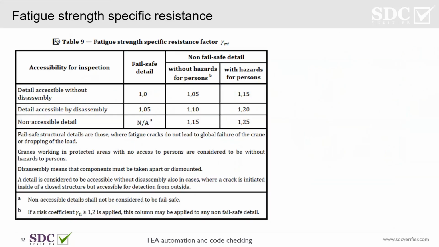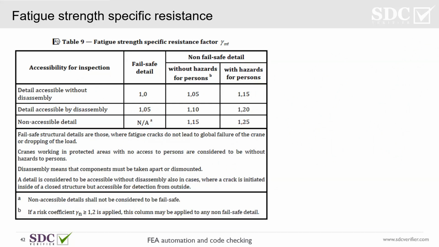Next thing I was mentioning at the very beginning is the fatigue strength specific resistance factor. It is used to account for uncertainty of fatigue strength values and possible consequences of fatigue damage. Yeah, so the factor may be specified individually for each detail.